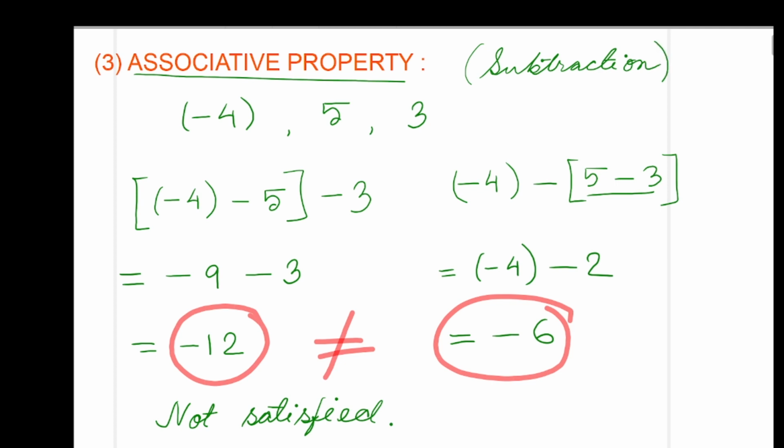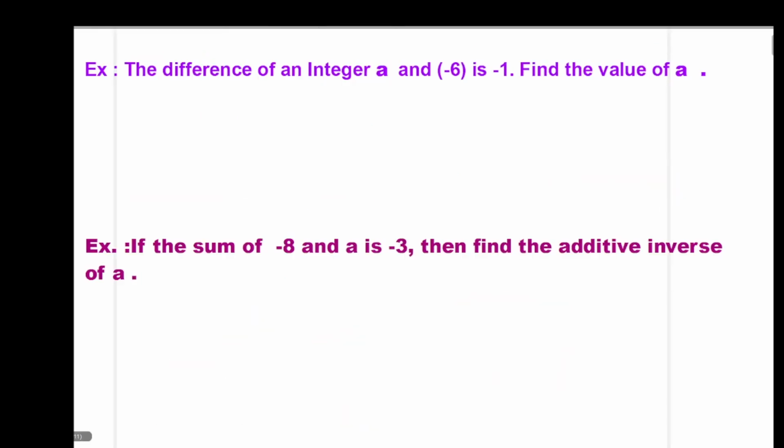Okay. So up to here, I think you understand properly. Last two examples we will do. In the next class, we will do the properties of multiplication and division. What is the question given here?